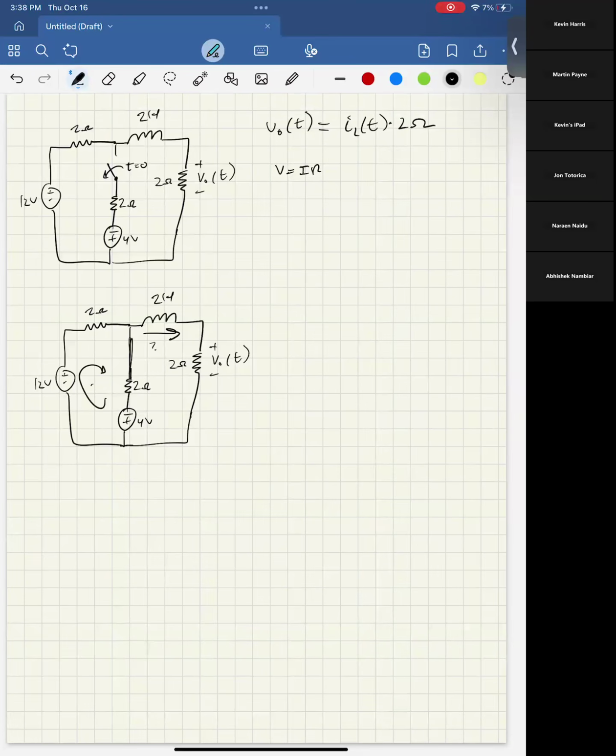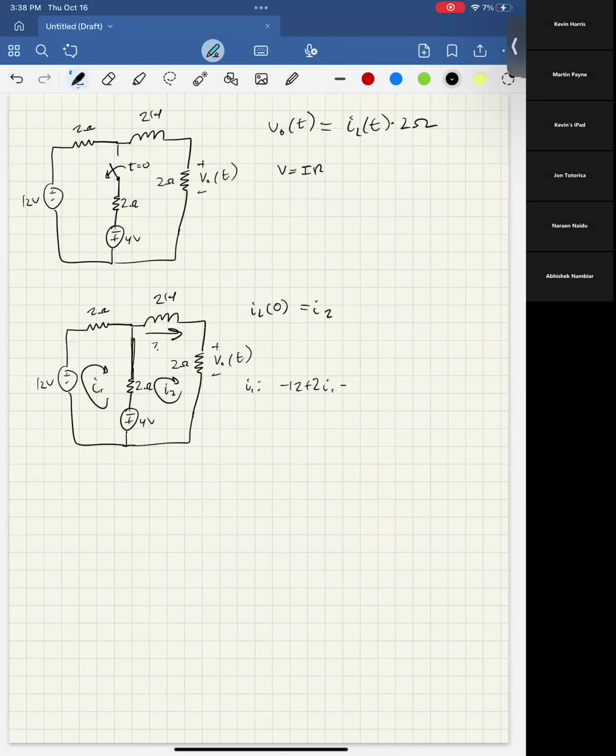If we do mesh current here, this is our I1 and this is our I2. Then IL of 0 is equal to I2, because that's what we've just defined. For I1, we have negative 12 plus 2I1 minus I2, and then again minus 4 equals 0.